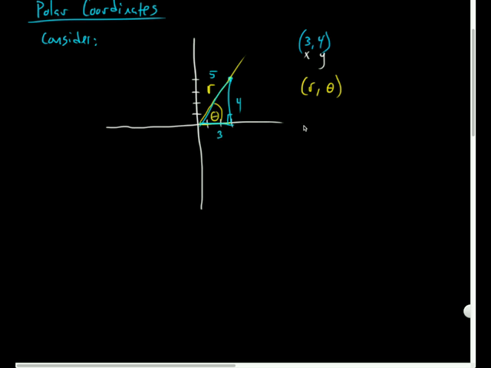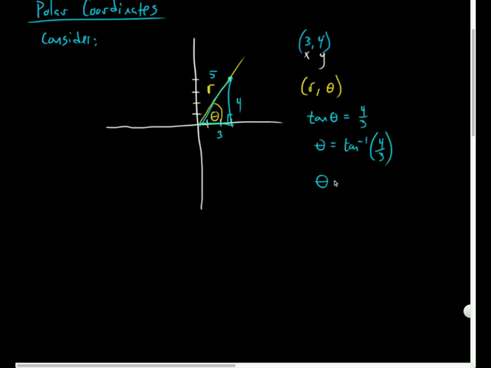So from theta's perspective, 4 is the opposite, 3 is the adjacent, 5 is the hypotenuse. Let's base it off of 4 and 3, the values that we'd started with. So I could say tan of theta is equal to 4/3. So theta must equal the tan inverse of 4/3.